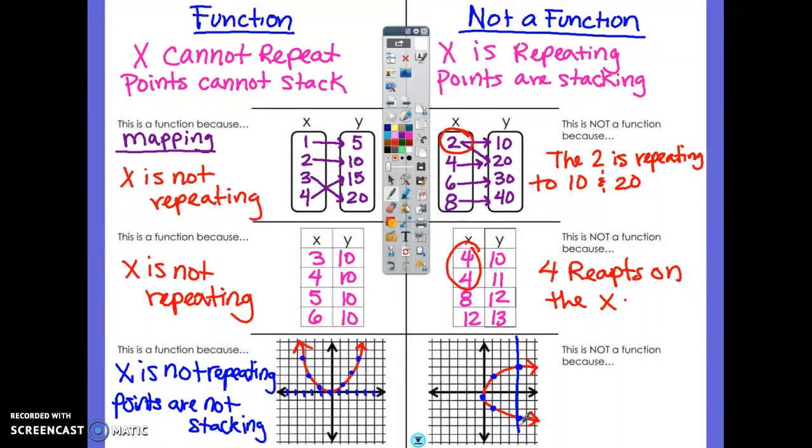So it doesn't pass the vertical line test. It's only supposed to go through 1 point at a time. That means the points are stacking. That means the x's are repeating. That means it's not a function. X is repeating because the points are stacking.